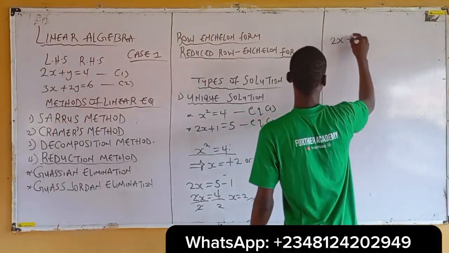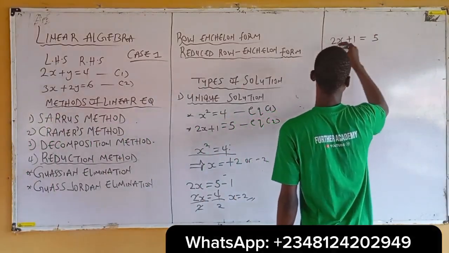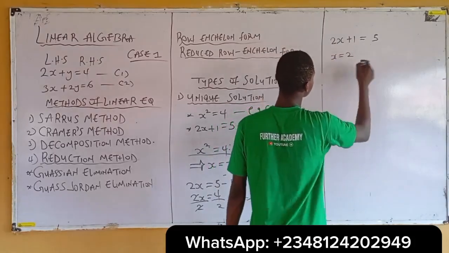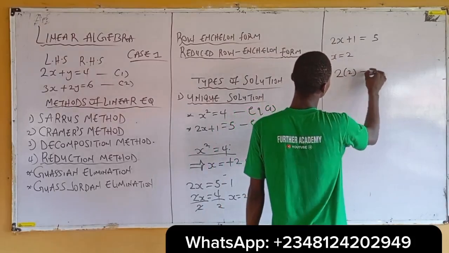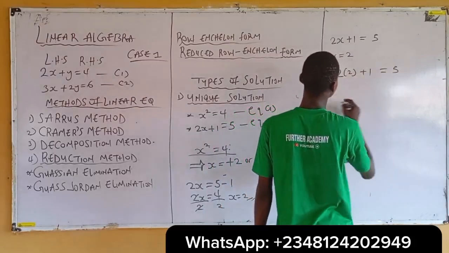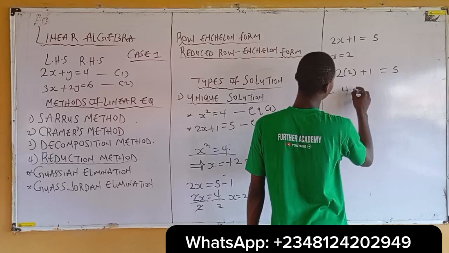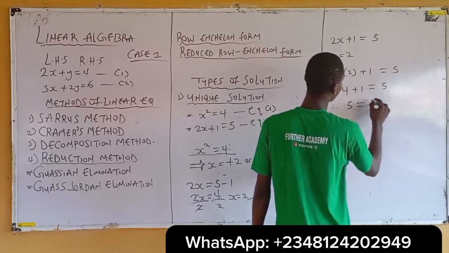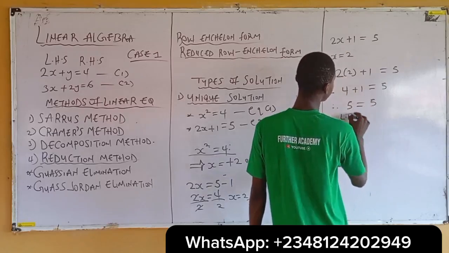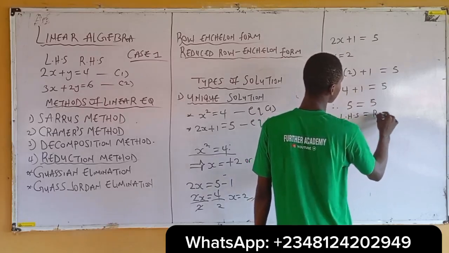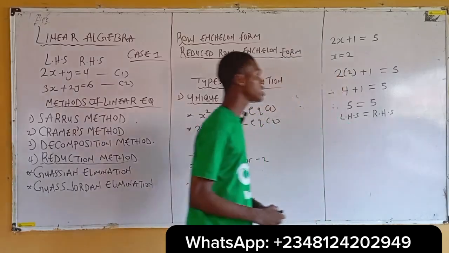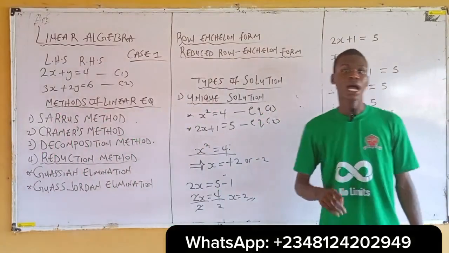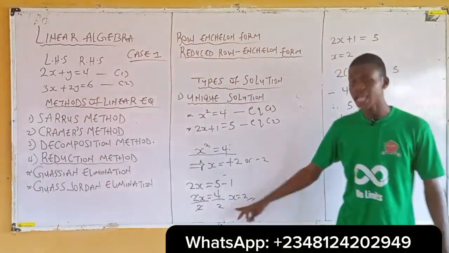Given that 2x plus 1 equals 5, substitute x equals 2: 2 times 2 plus 1 equals 5. Therefore, 4 plus 1 equals 5, meaning 5 equals 5. The left hand side equals the right hand side. It means that this equation has a unique solution, and the unique solution is when x equals 2.